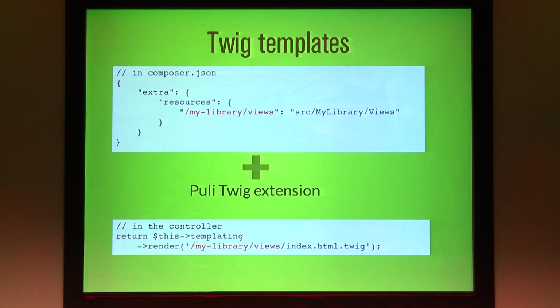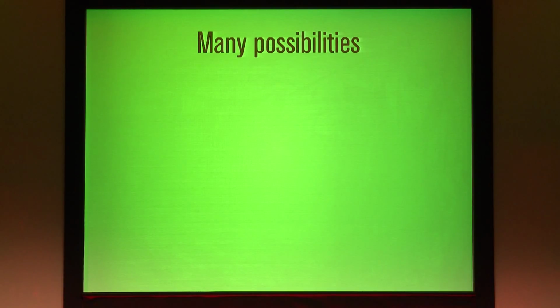You say this templating render /my-library/views/index.html.twig, and it actually points to the Twig file in the package that you have just included. That's really great. Inside your own project, you can override these paths, so you can basically replace any resource that is offered to you by a package. Very interesting. It also offers many possibilities for reuse of resources outside of Symfony applications.